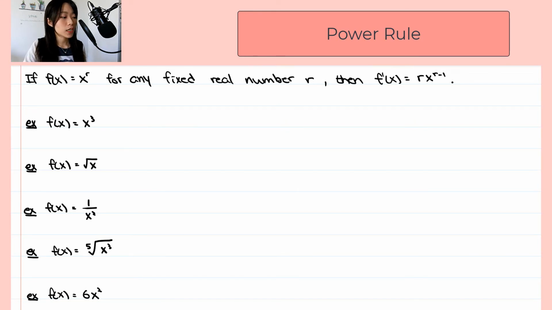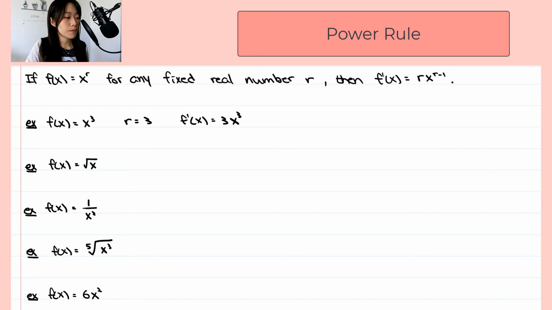For f of x equals x cubed, the r for this function is 3. So its derivative function would be 3 times x to the power of 3 minus 1, which equals 3 times x squared. For the next function, we have the square root of x. So we want to rewrite this in the form of x to the power of r.